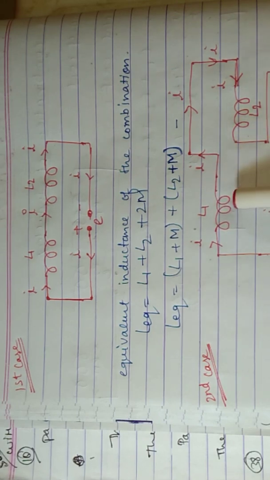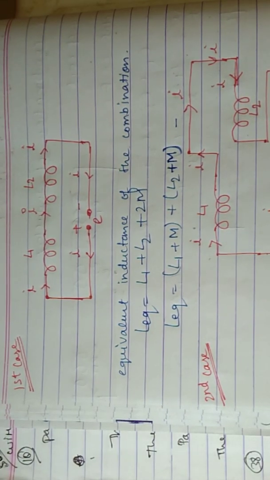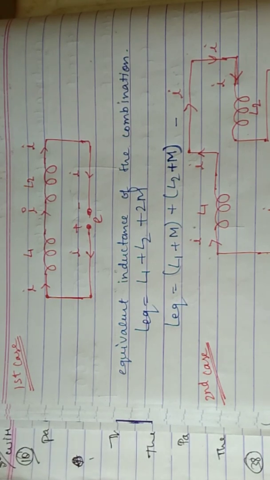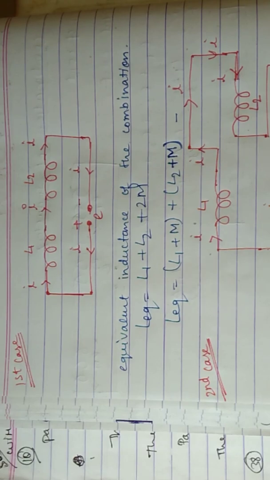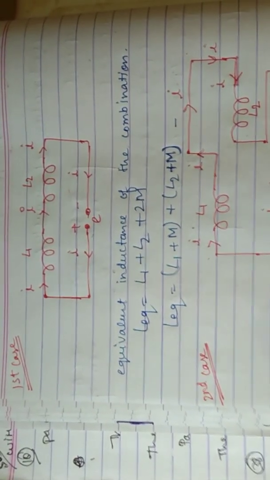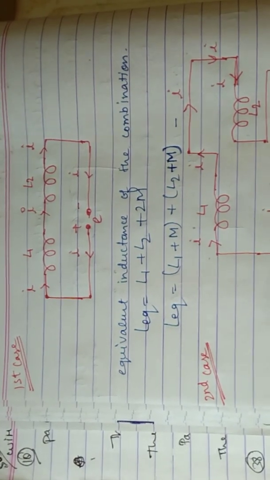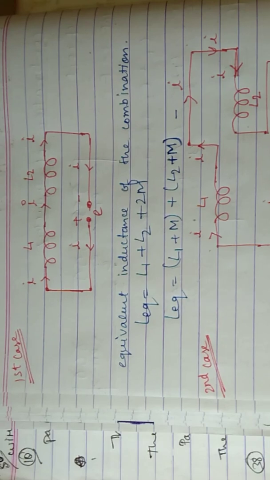Now we have to find the net equivalent inductance of the combination. What would it be? It is nothing but L1 plus L2 minus 2M. In this, the mutual inductance is subtracted from L1 plus L2.